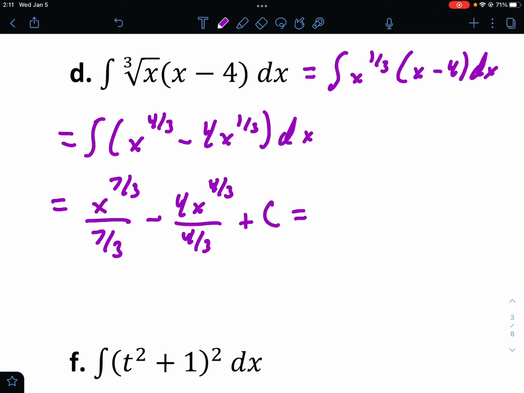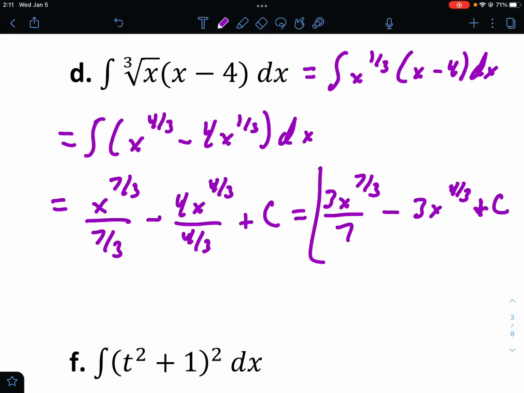Rewriting that, we get 3x to the 7/3 over 7 minus 3x to the 4/3, where the 4s end up canceling themselves out there, plus c. And that would be our antiderivative to part D.